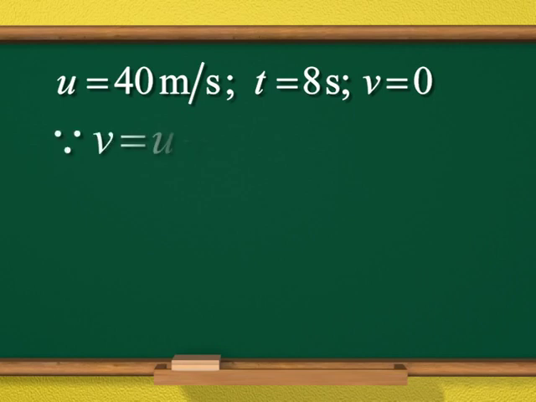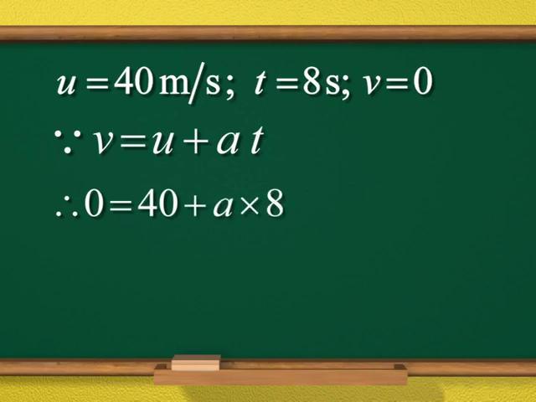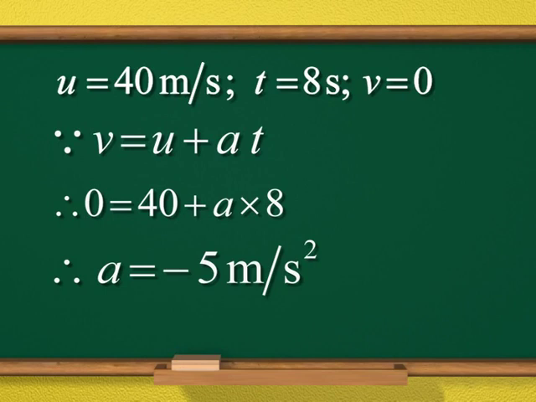On substituting the given values in the velocity time relation, we get 0 equal to 40 plus 8 times a, that is acceleration a equal to minus 5 meter per second square. Therefore, deceleration is 5 meter per second square.